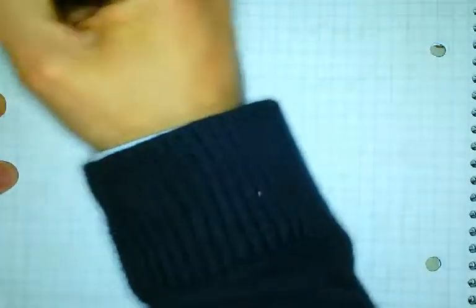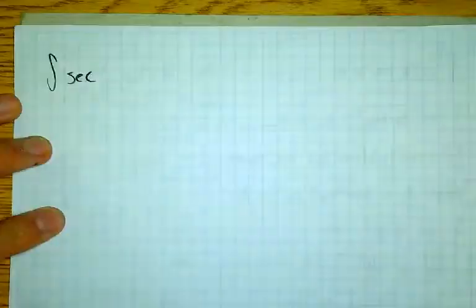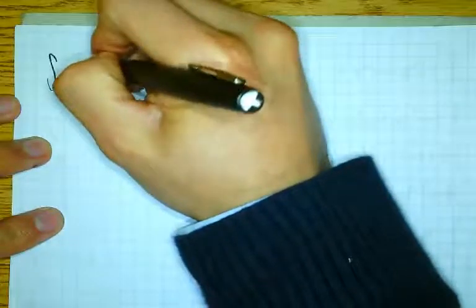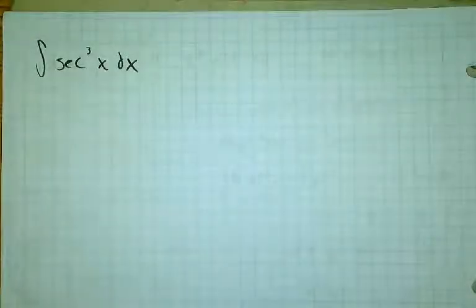Okay, the last one I want to tackle with you guys would be, what if we do a secant by itself? And let's do a secant to the 3rd power x dx. Cool? So, according to the rules, what do we try?